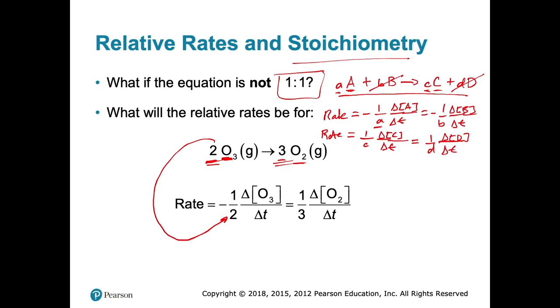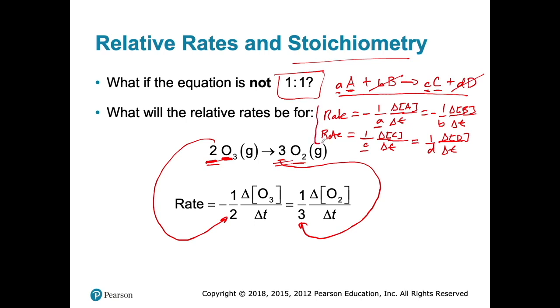And then as for the 3 here, it became the denominator down here in the products of the rate equation, right? Because if you look over here, little c is under 1 right there. And so that's how we write our rate equation, okay?